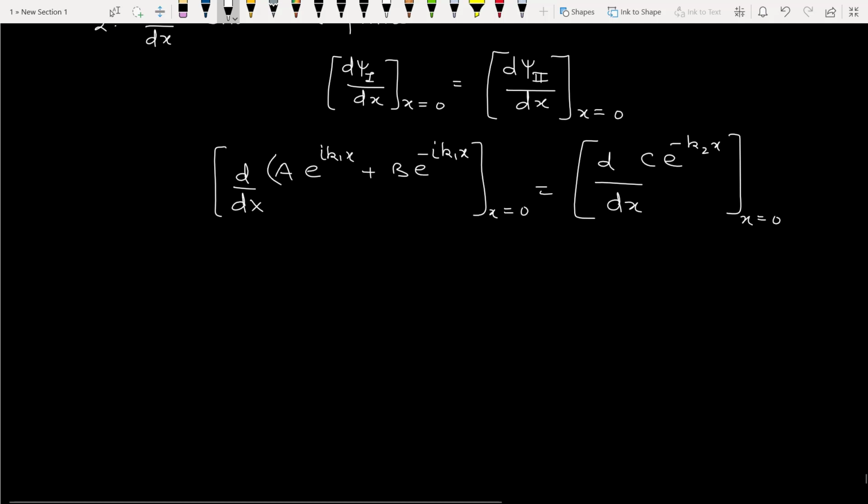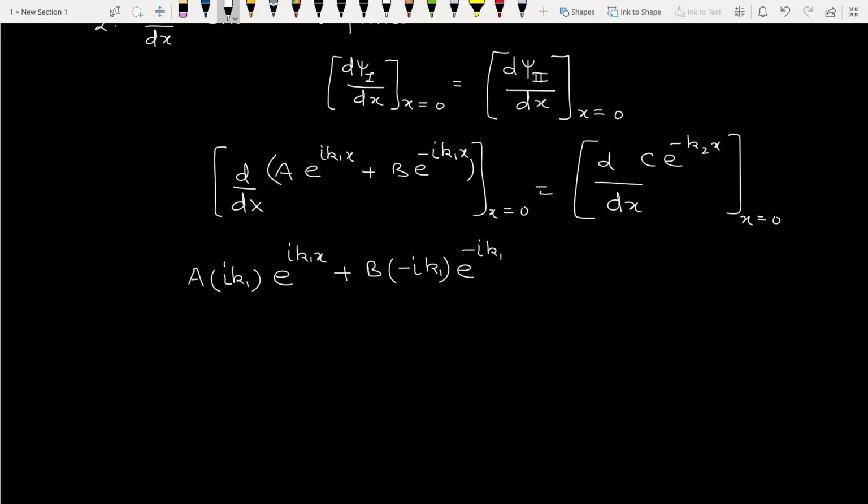So now we differentiate, then it will be a iota k1 e raised to power iota k1x, b minus iota k1 e raised to power minus iota k1x at x is equal to 0, c minus k2 e raised to power minus k2x at x is equal to 0.